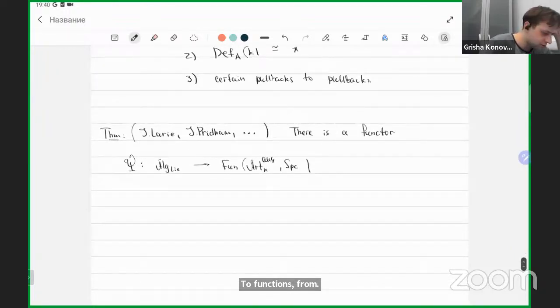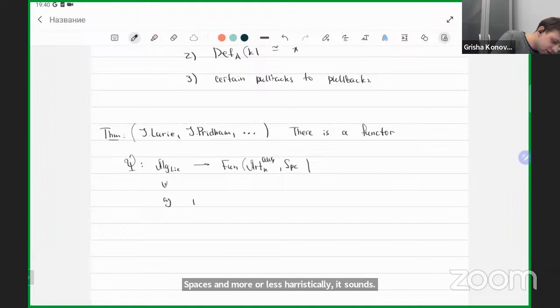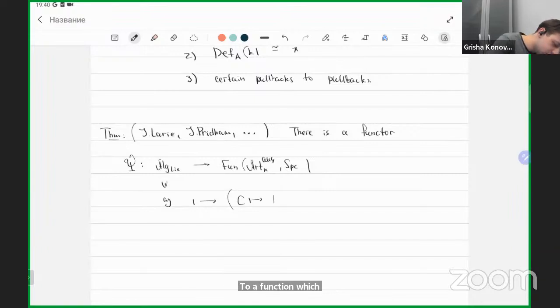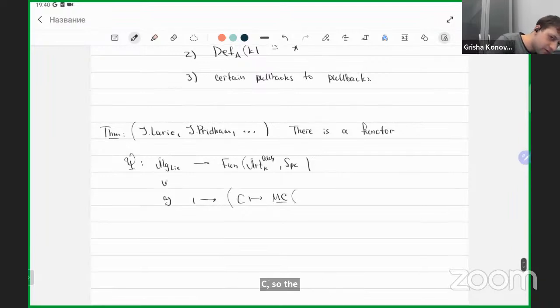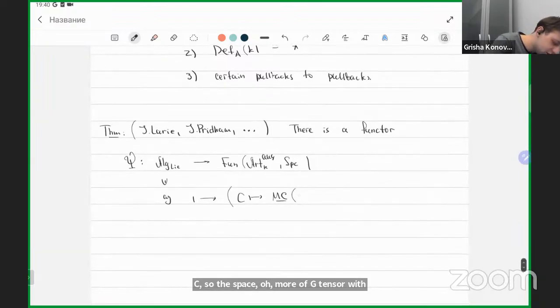And more or less heuristically, it sends a Lie algebra G to a functor which sends an Artinian algebra C to the space of Maurer-Cartan elements of G tensor with the augmentation ideal of C.